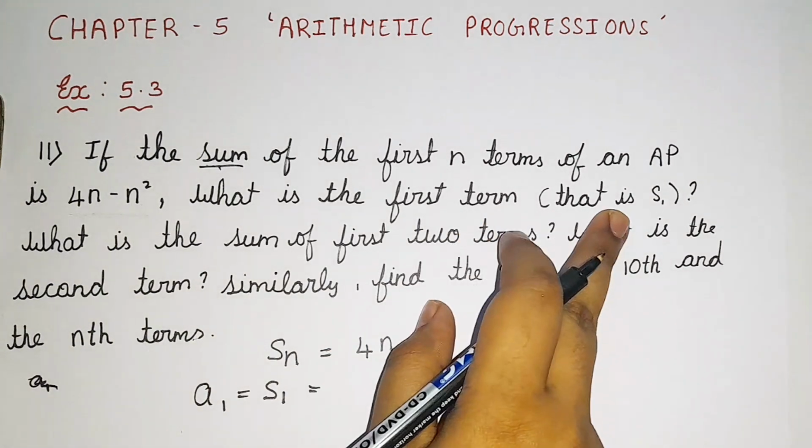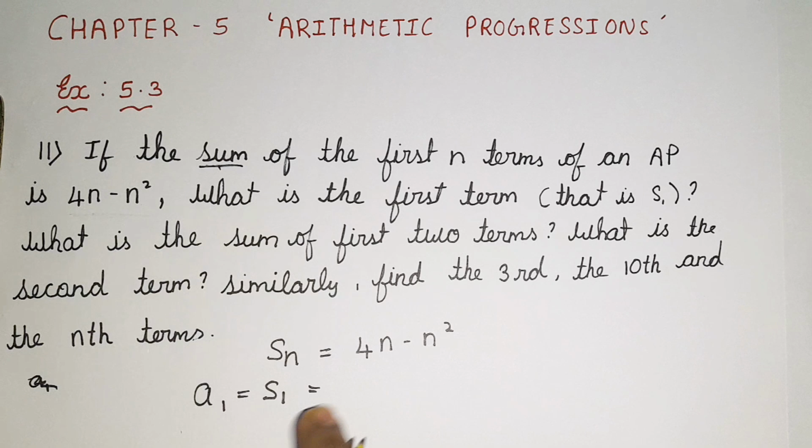Just because they mention S1, you might wonder why it is so hard to understand, but don't worry, A1 and S1 are similar. Whenever we get a value for S1, the same value is there for A1 as well. For example, if the value of S1 is 6, then A1 also will be 6 only. So don't worry, both are the same.